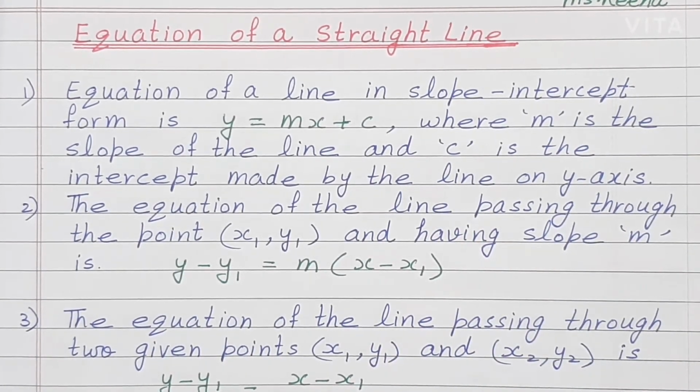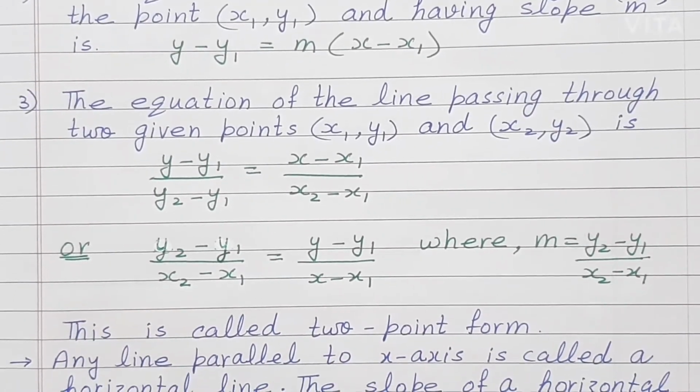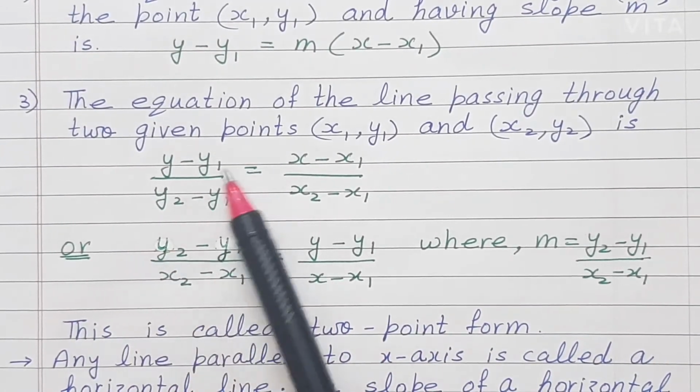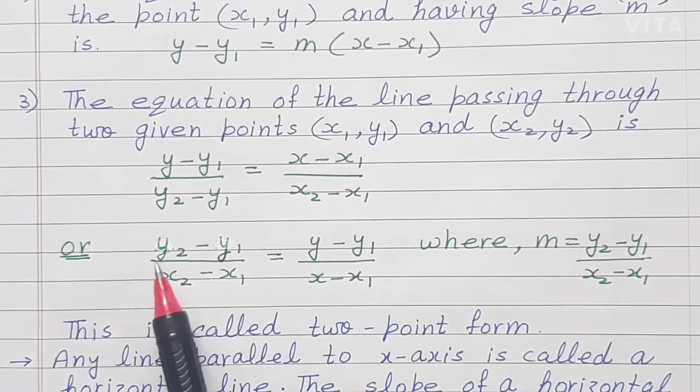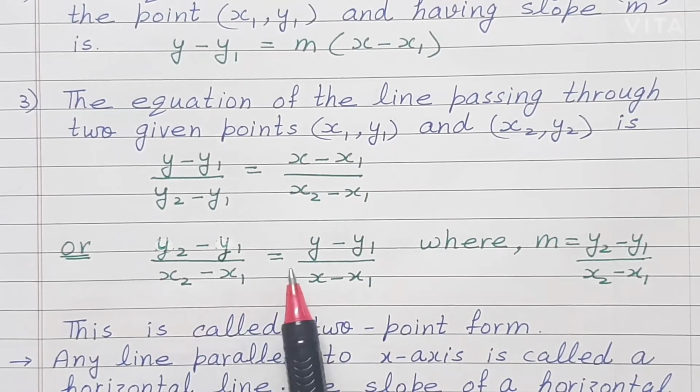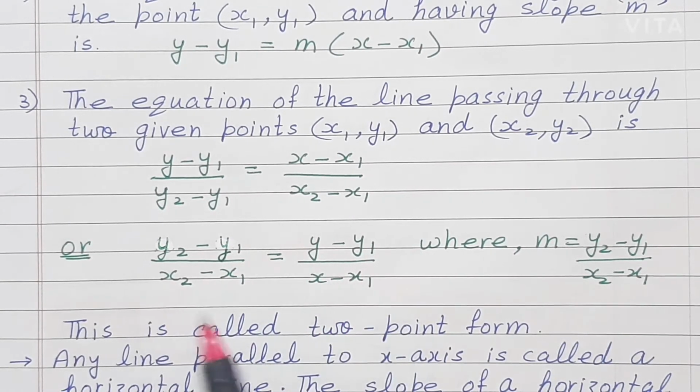Clear? And the third form is called the 2-point form: y - y1, or you can directly learn this as (y2 - y1)/(x2 - x1) = (y - y1)/(x - x1). Clear?